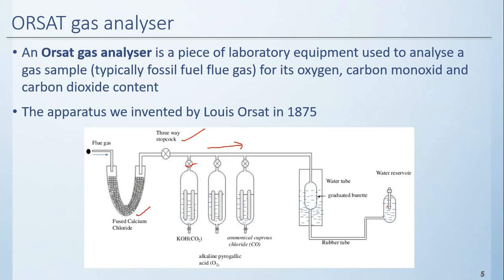Now you move the reservoir down so that the flue gas goes back to your burette, close the second valve, and open the third valve, that of ammoniacal cuprous chloride. Again you move the water reservoir up so that the flue gas moves to the third reservoir. There the carbon monoxide content is measured.